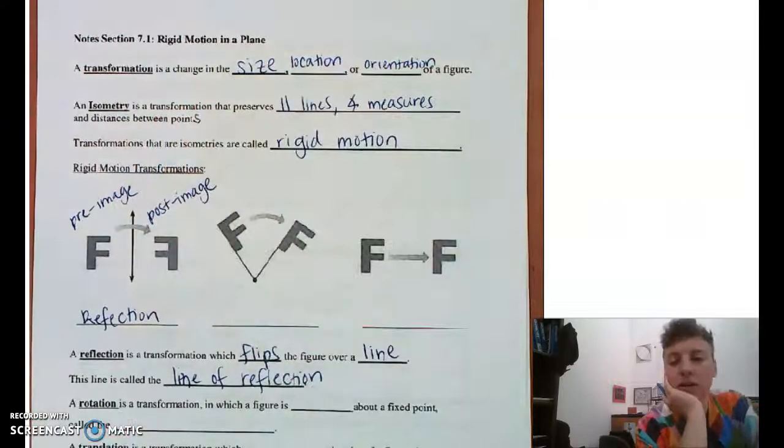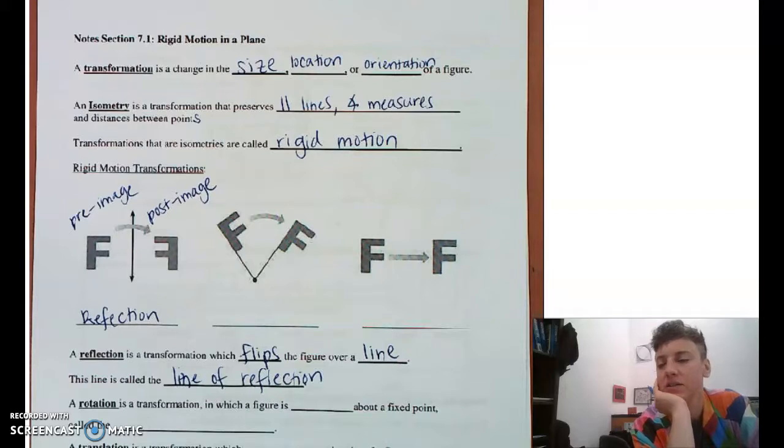Just like when you look in the mirror, you're actually seeing a flipped version of yourself. You're seeing a reflection. You look exactly opposite to the rest of the world as you do in the mirror.